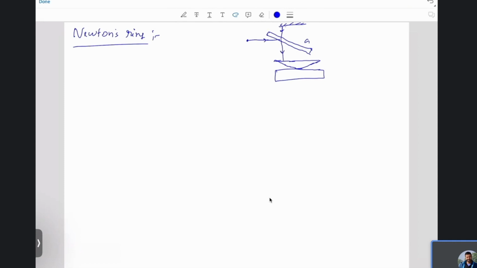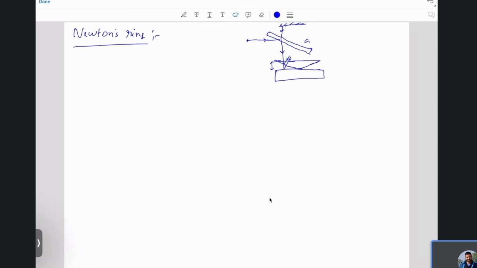Some of the light will get reflected from here, some from here. Now these two light rays will have some path difference due to this thin gap between the lens and the plate, and thus it will lead to interference.